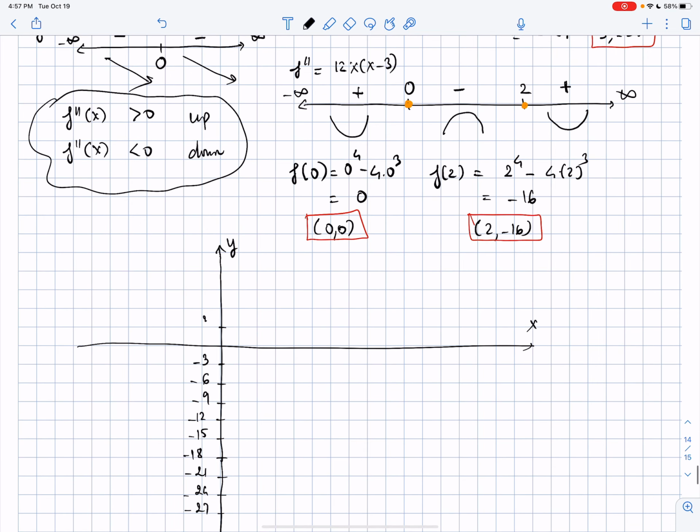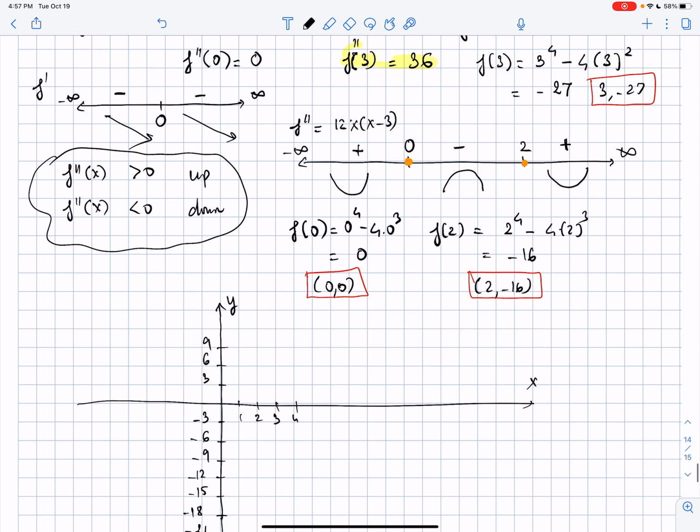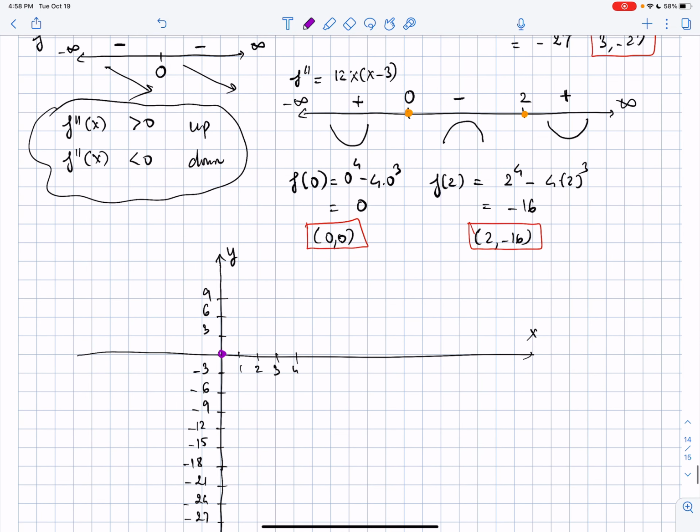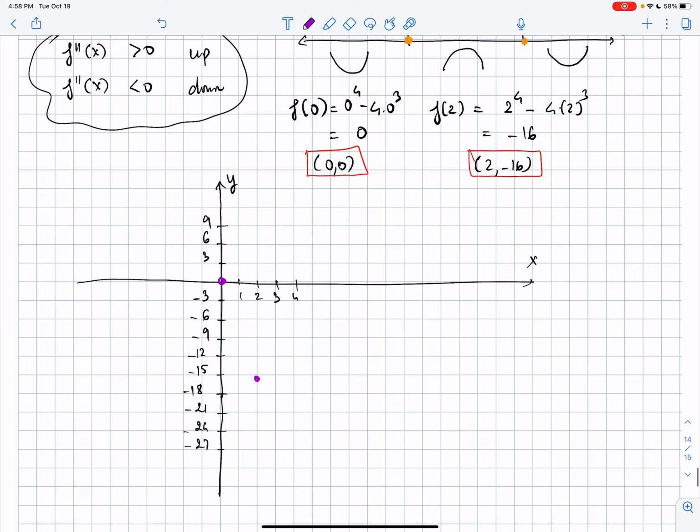We have 3 here, 6 here, 9 here, and so on. And then the x is just normally like before, 1, 2, 3, 4, 5, right? Okay. So the first point is 0, 0. And we have the point 2, comma, negative 16. And we have the point 3, comma, negative 27. So we have these 3 points.